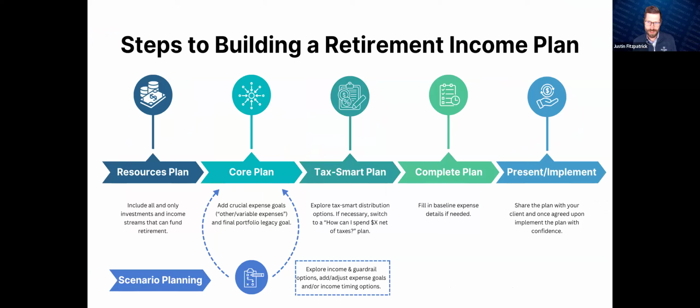From the advisor and team perspective, it looked like this: beginning with resources, beginning with what can I spend, then adding any crucial expense goals and legacy goals, doing scenario planning and finding this core plan. Next, creating a tax smart plan, which is what the next 2 sessions are going to be about, which leads you to having a complete plan that you can present and implement.